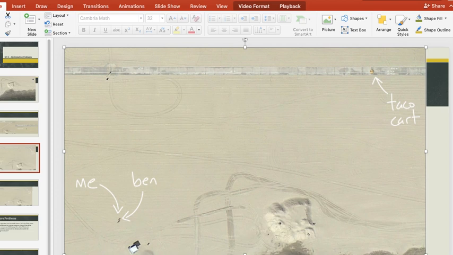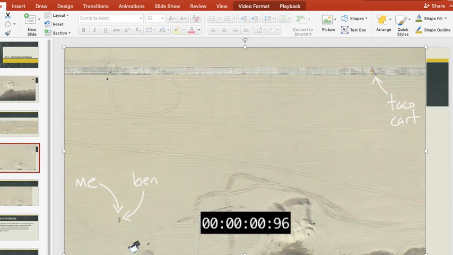Here's the video of them. So we went our separate ways. Of them walking there, so we can see how close our time was to this time.